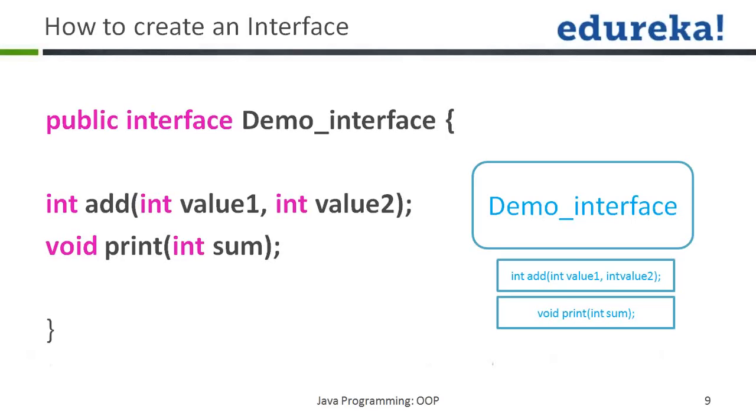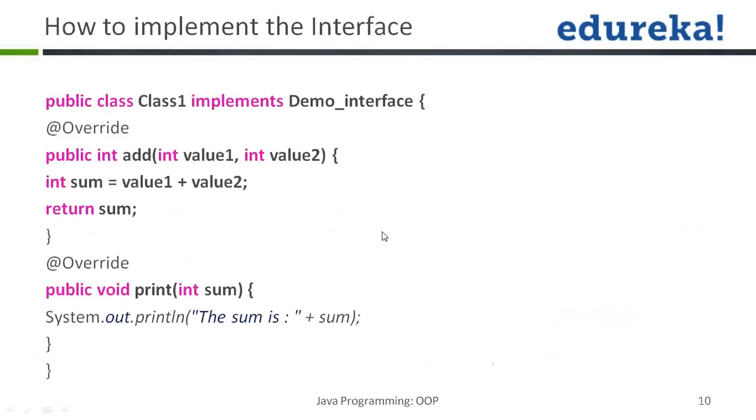Mohsin says, what must a class do to implement an interface? That is what I was about to tell you. Vijay says because this is known by default. Exactly correct, Vijay. This is known by default because an interface can only contain abstract methods. Hence, you do not have to mention abstract before every method that you declare within the interface. That was a good answer.